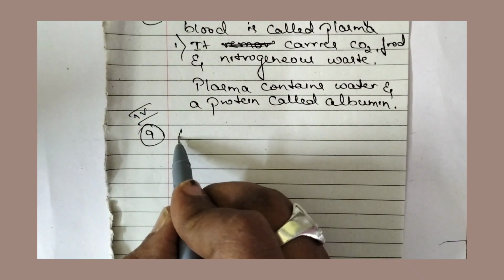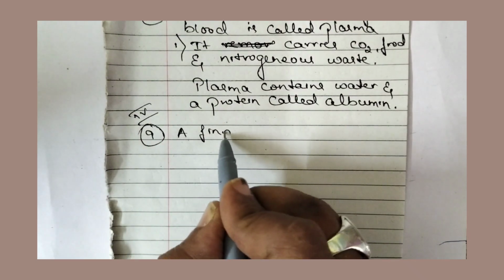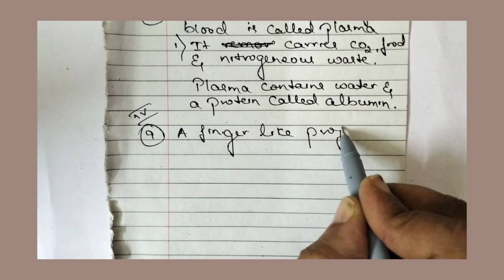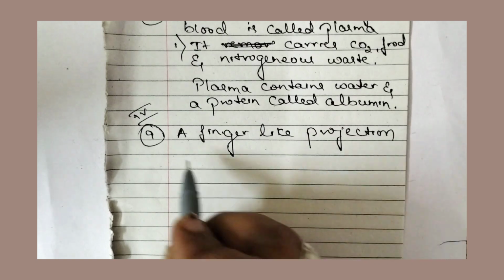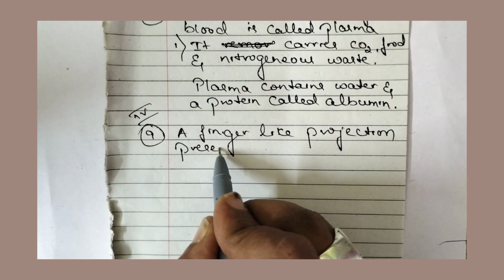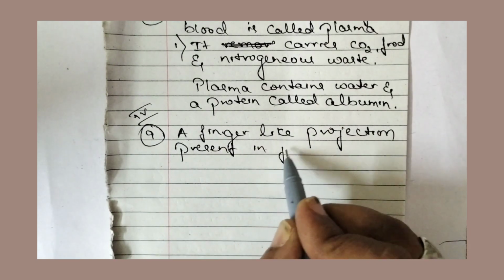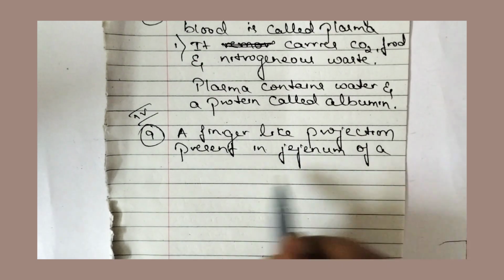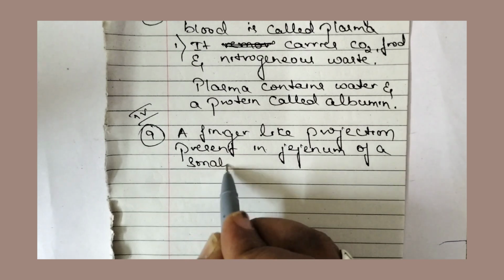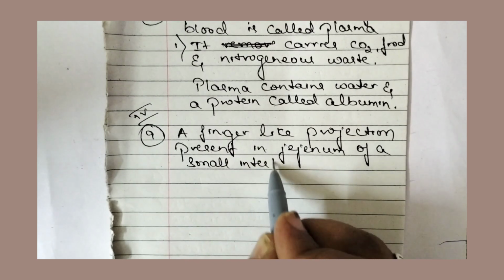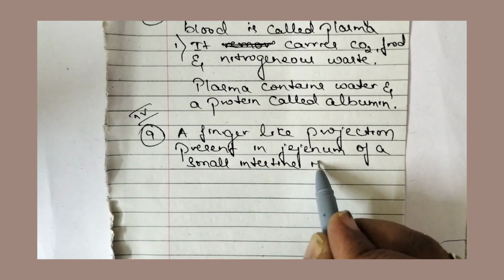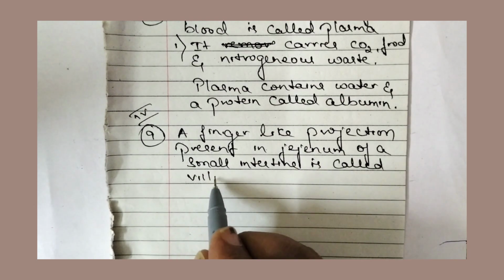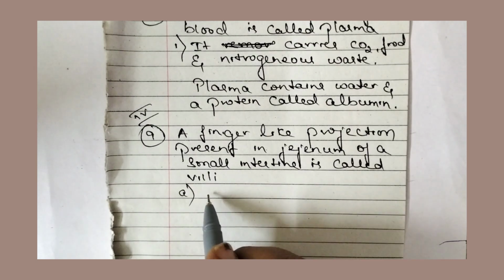A finger-like projection present in the jejunum of the small intestine is called villi.